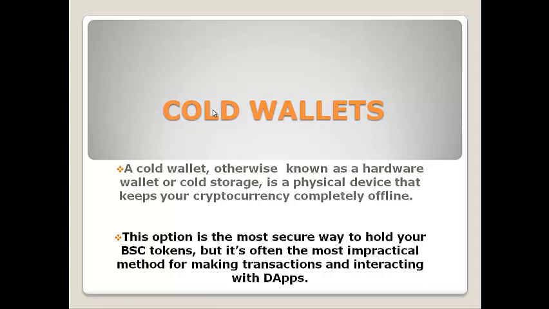But another disadvantage of this is when that physical device gets lost, then you've lost your crypto asset. You've heard about the story of someone who stored about 1,000 BTC into his cold wallet back in 2009, and he threw it away into a garden, and right now he's still looking for that device.